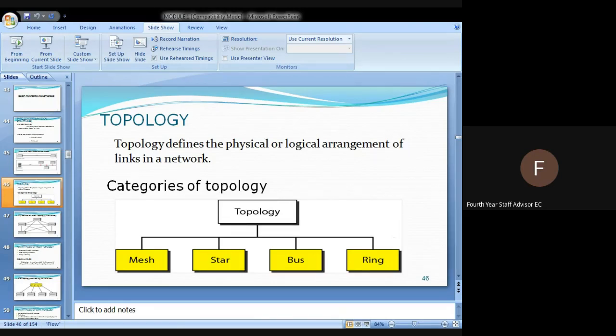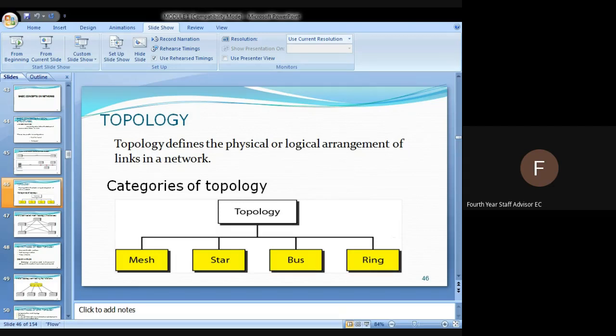That defines the topology. It is the logical representation of links in a network. What are the various ways a link can be connected? What are the physical representations available in a network? That is what the term topology means.